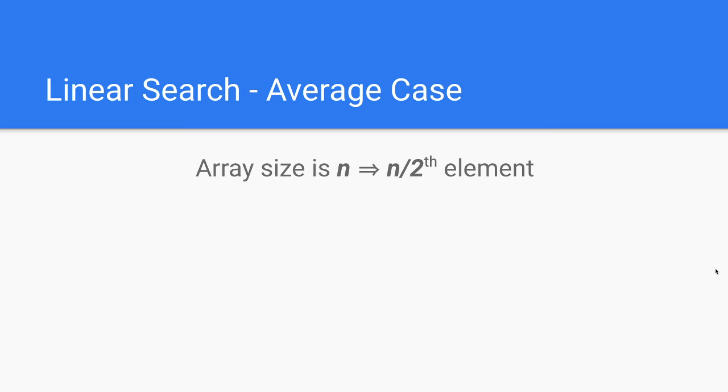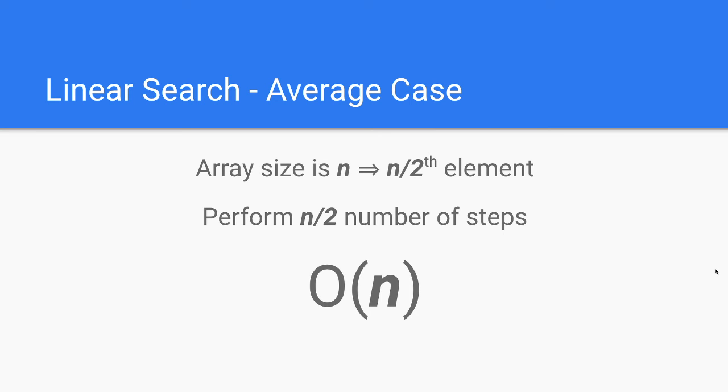In this case, we can approximate and say that in an average case, linear search will take n divided by 2 steps. Now, in the big scheme of things, n divided by 2 doesn't really add any benefit in the running time. Therefore, we can just approximate it and say that in average case, linear search is also big O of n.